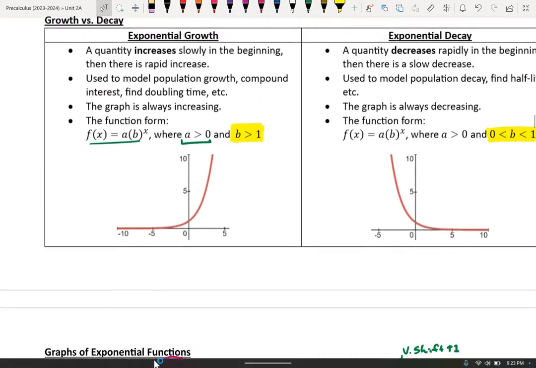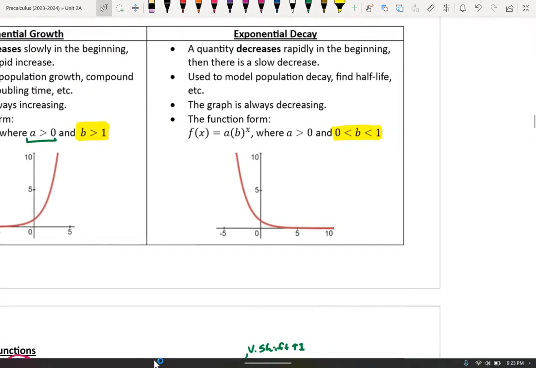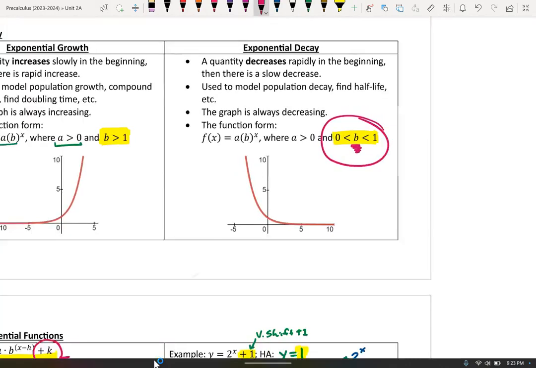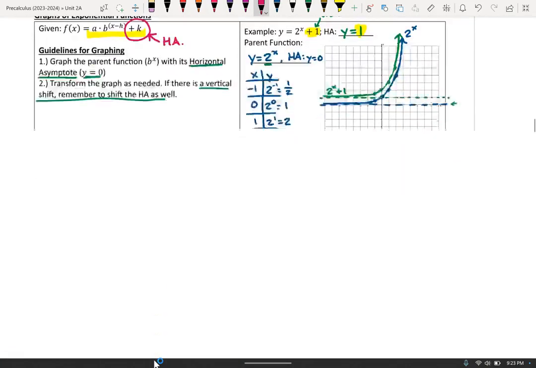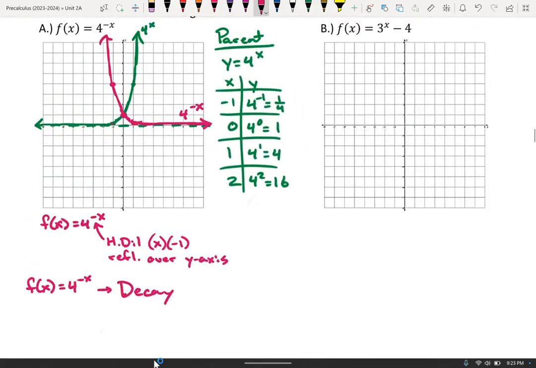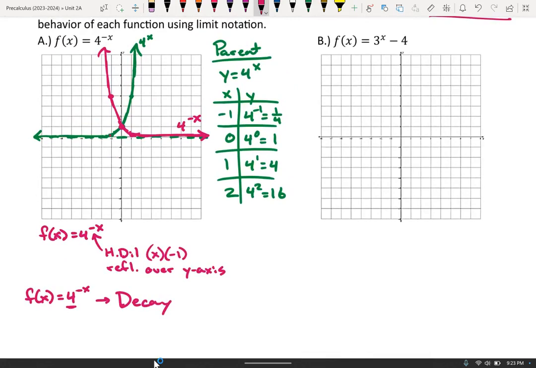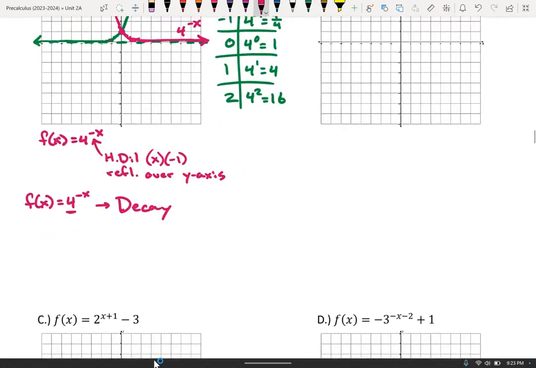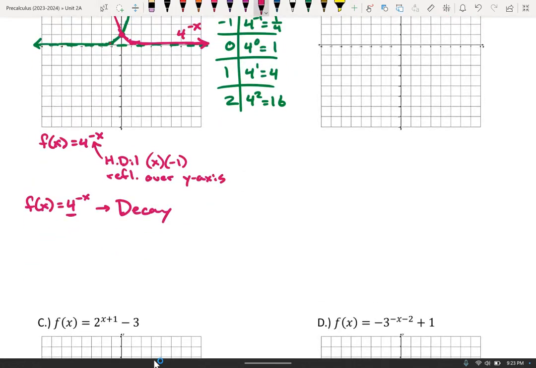Now, one thing I mentioned back on the exponential decay, let me go back to that. Right here in our exponential decay, our base or rate has to be between 0 and 1. Well, am I between 0 and 1 on this problem? My base is 4. Is that between 0 and 1? It's not. But it actually is if we manipulate this problem a little bit.